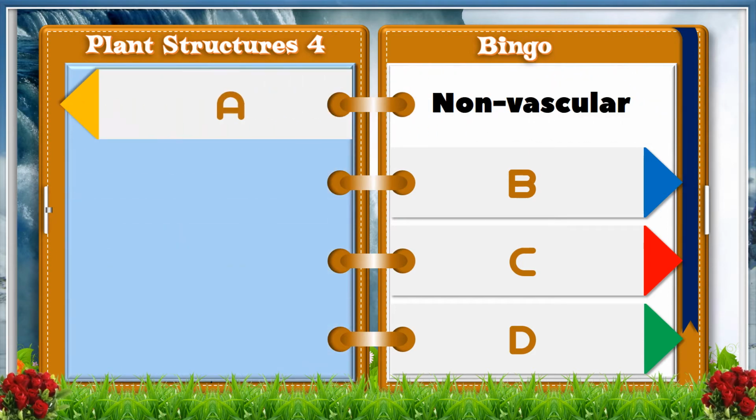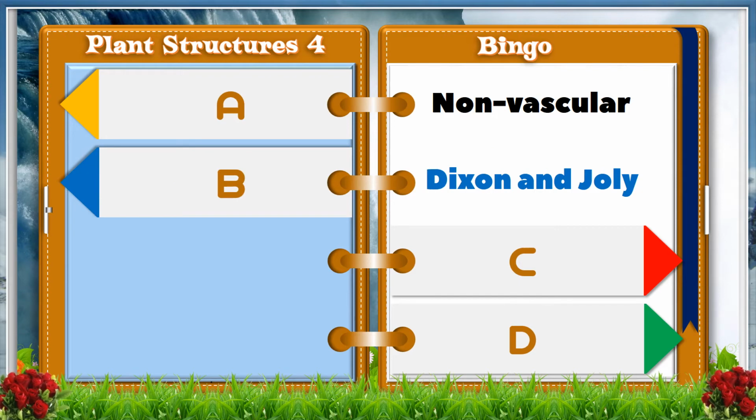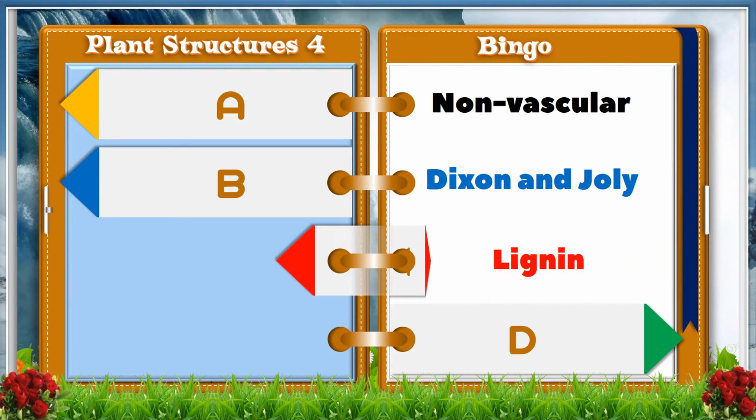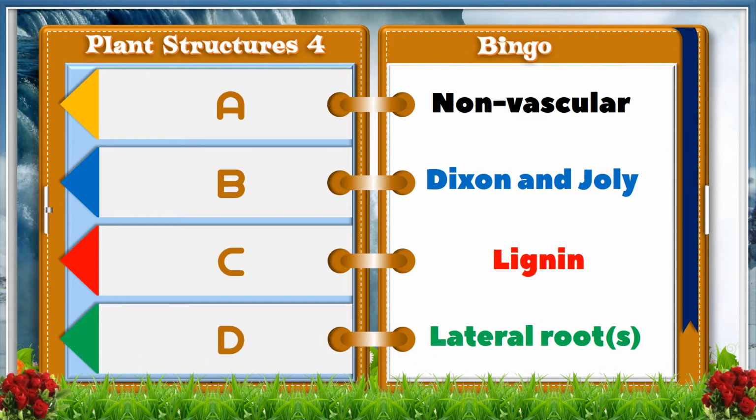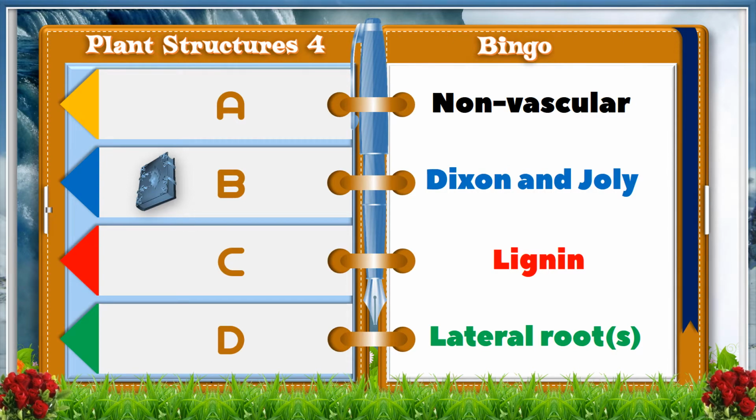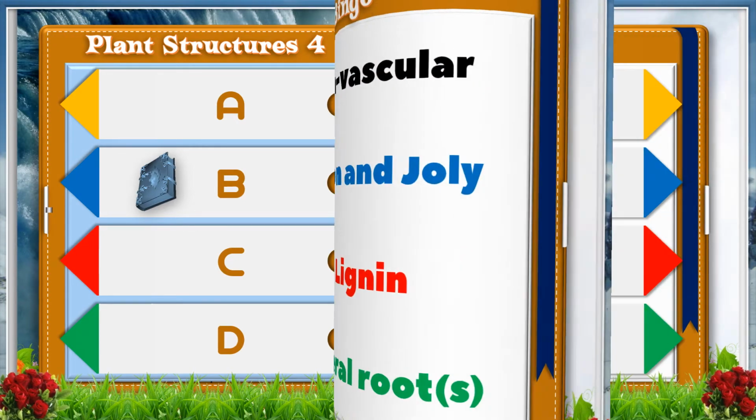A. Non-vascular. B. Dixon and Joly. C. Lignin. D. Lateral roots. And the answer is B. Dixon and Joly.